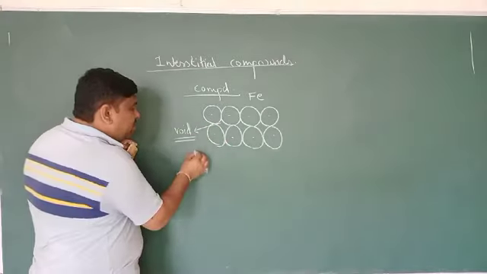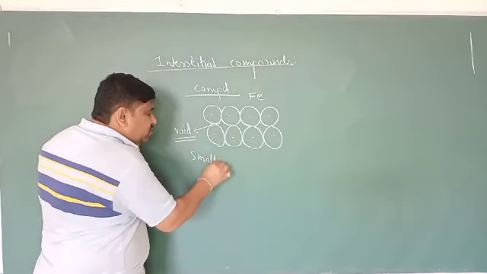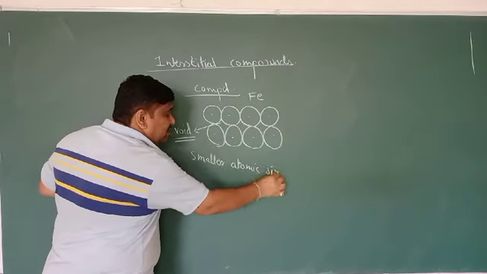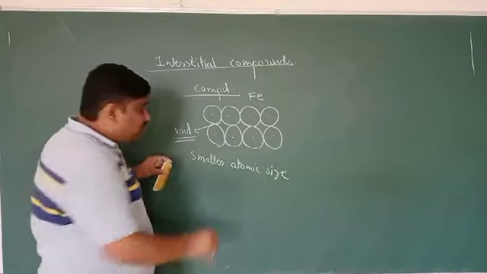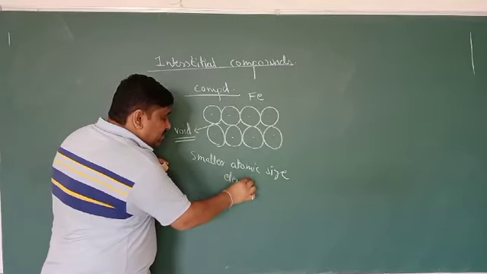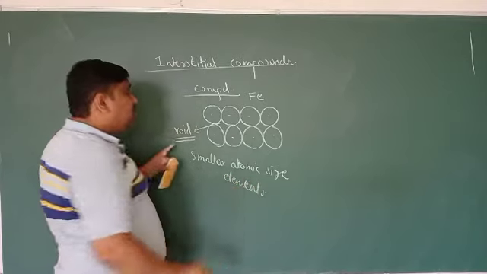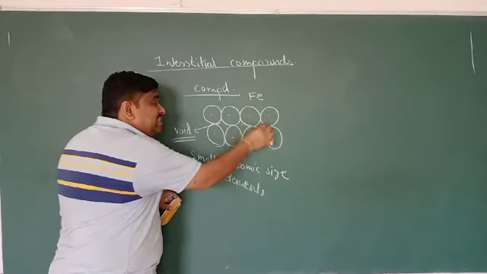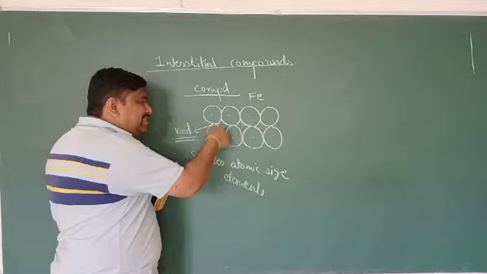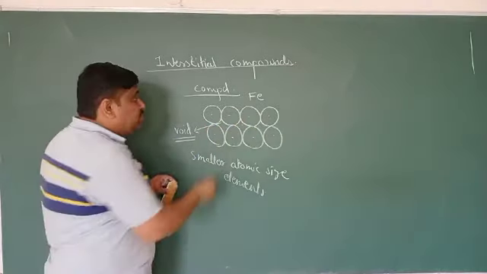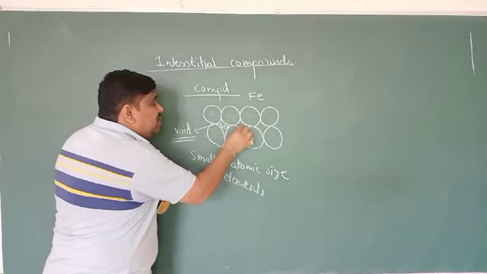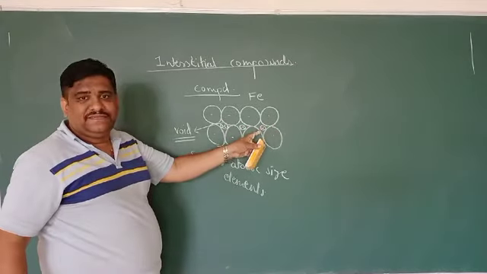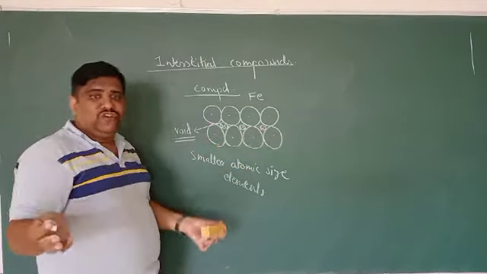In the voids, smaller atomic size elements can be added. If smaller atomic size elements get added in these voids, or occupy the voids, for example if scandium, which has a smaller atomic size, is added in this, then a new compound is going to form.